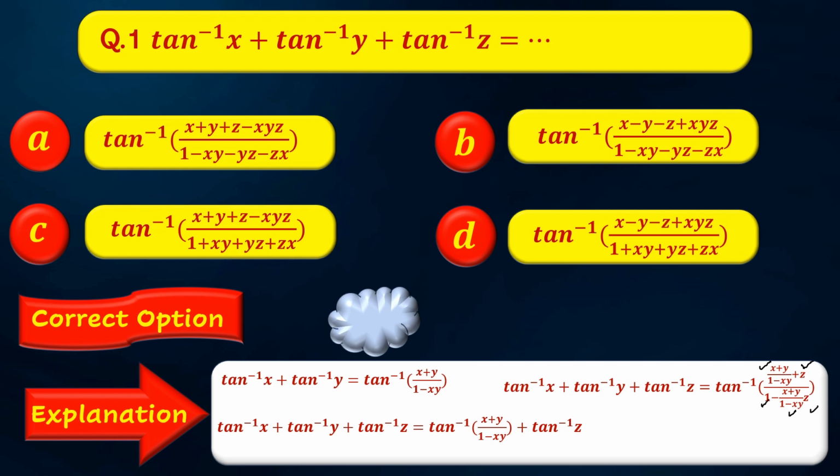On simplifying, we get tan inverse x plus y plus z minus xyz over 1 minus xy minus yz minus zx. Therefore, correct option is option A.